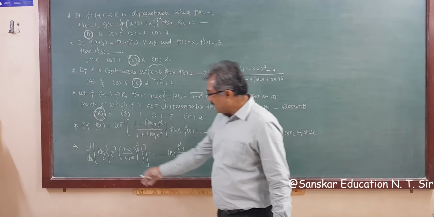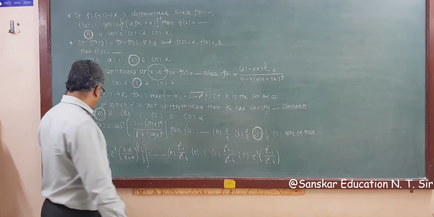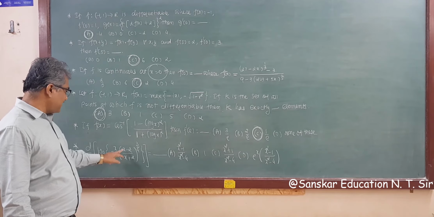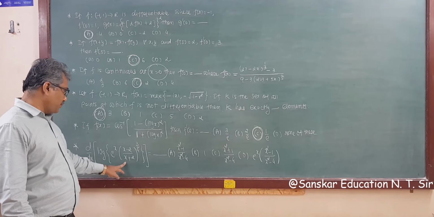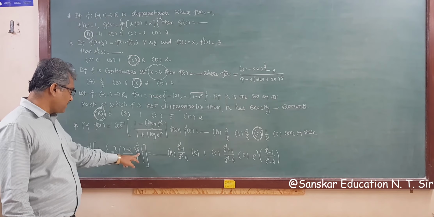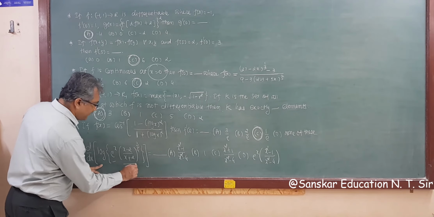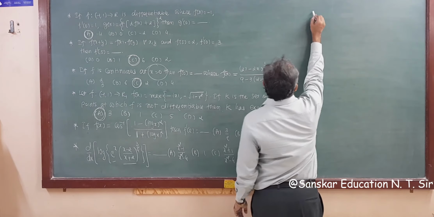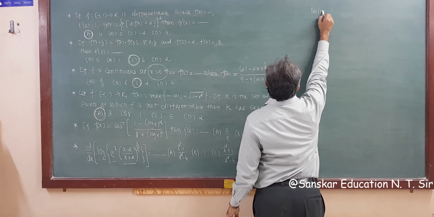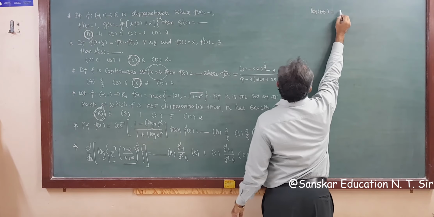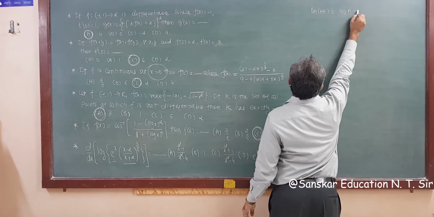Now the last question is d/dx of log of e raised to x into (x minus 2 upon x plus 2) whole to the power 3 by 4. Now applying the log rule, log ab is equal to log a plus log b.